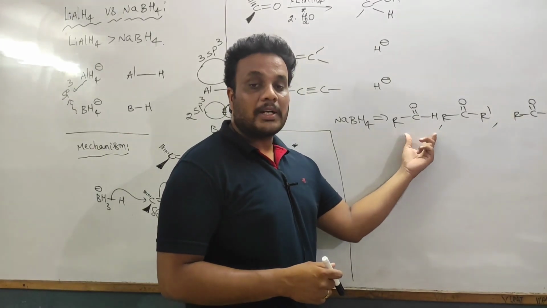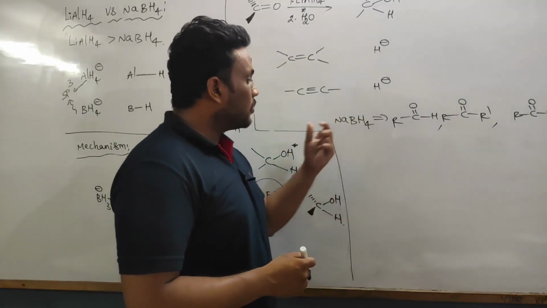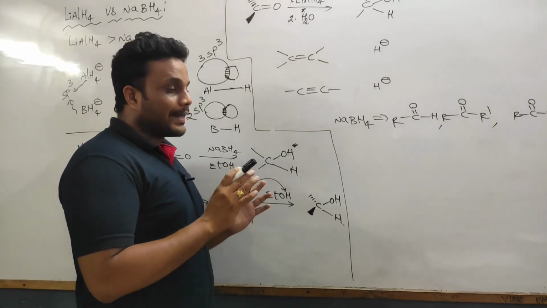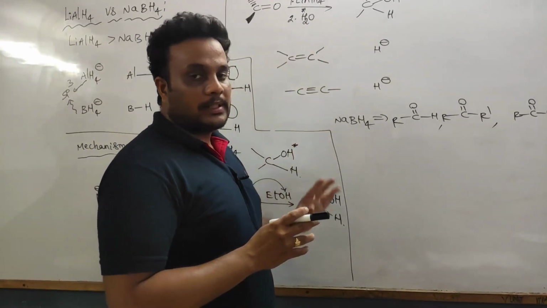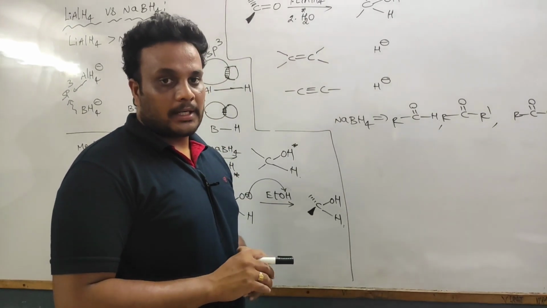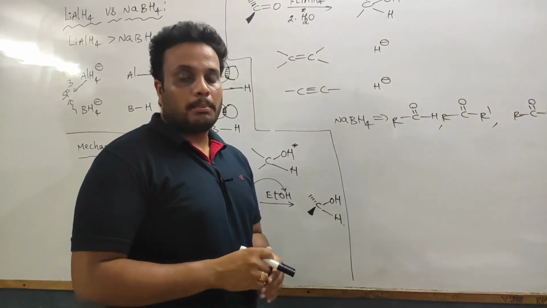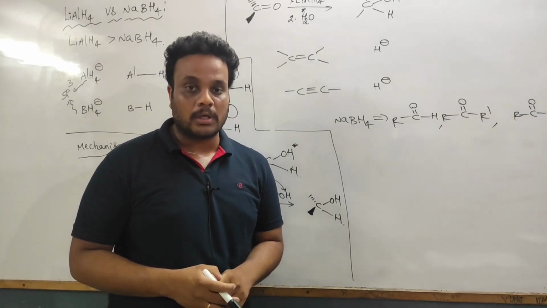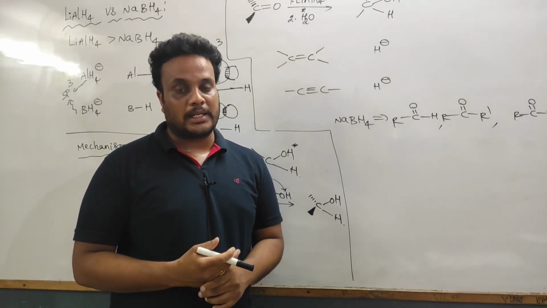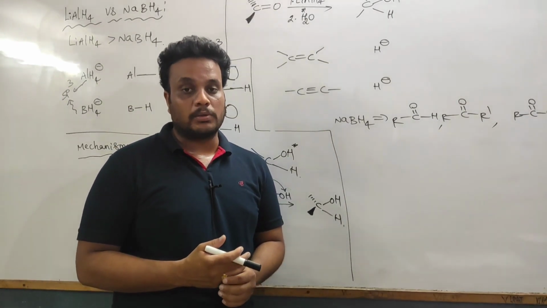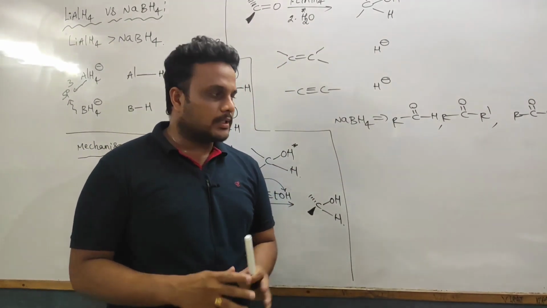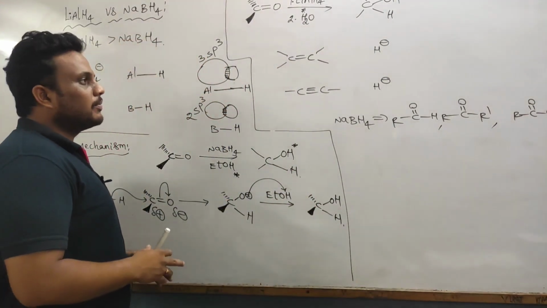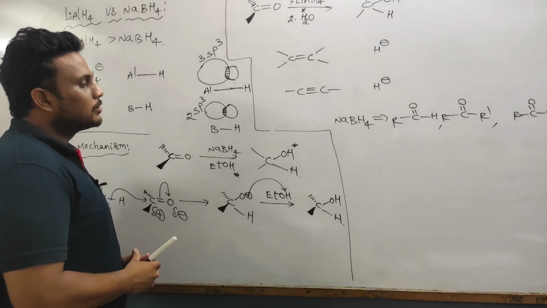So these are frequently used substrates for sodium borohydride. It cannot reduce multiple bonds, just like lithium aluminium hydride, because it is also a hydride ion donor. So just like LiAlH4, it cannot reduce non-polar multiple bonds. So this is the chief difference between lithium aluminium hydride and sodium borohydride.